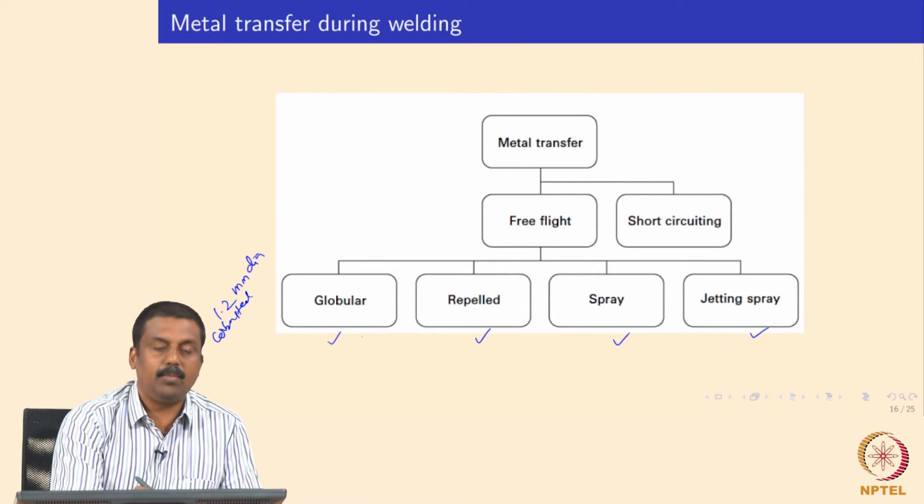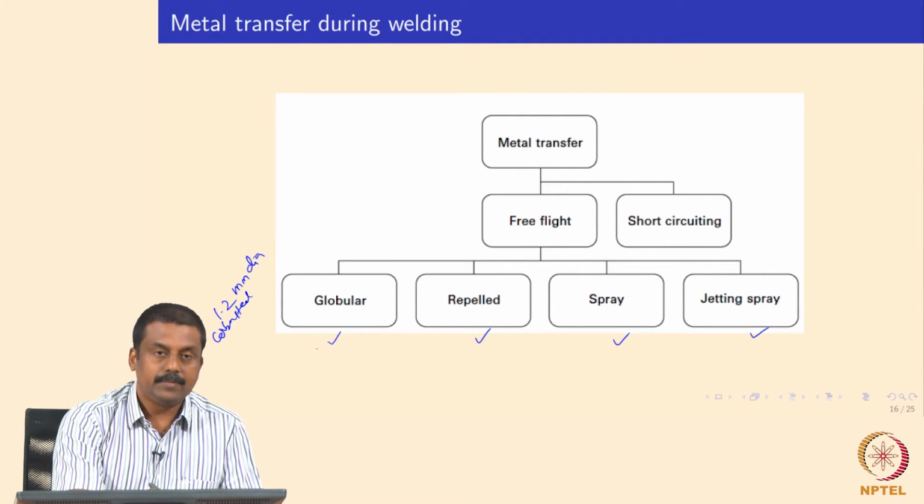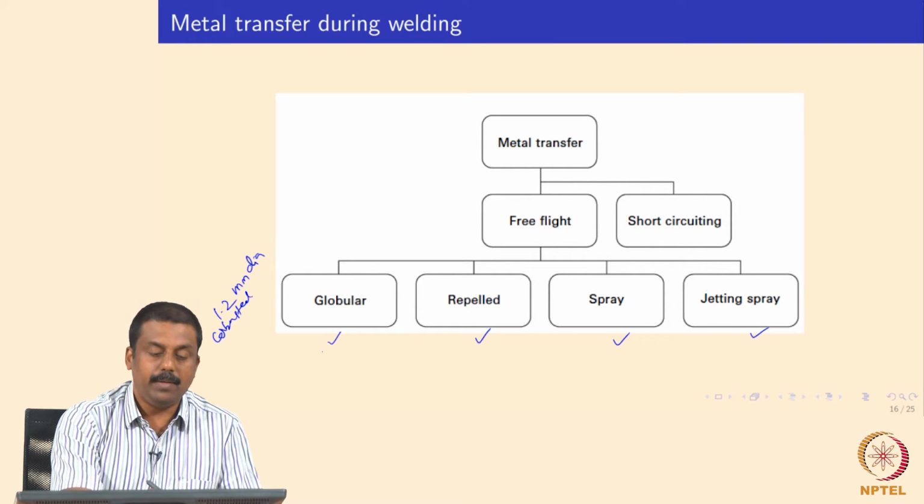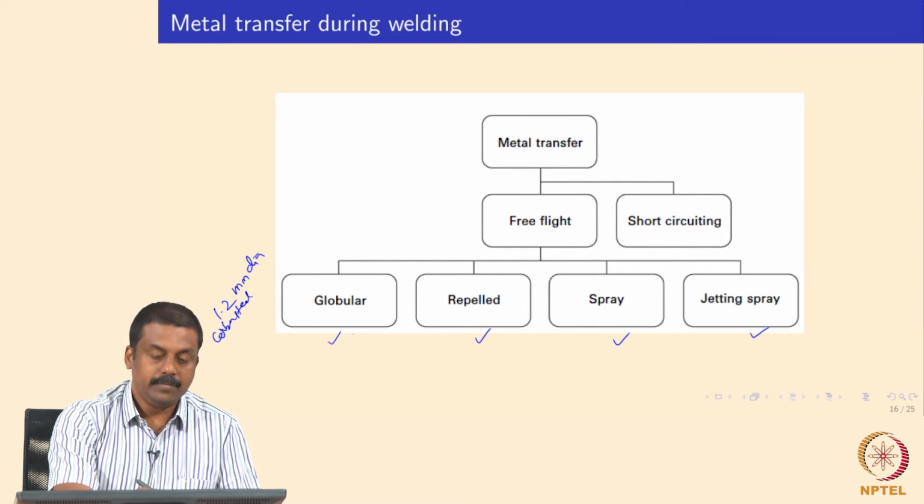For example, globular transfer happens at lower currents, because as I already explained, when the current is lower, Lorentz force is very minimal. So the main force that actually aids the droplet transfer is the gravitational force. So you need to have a mass created.